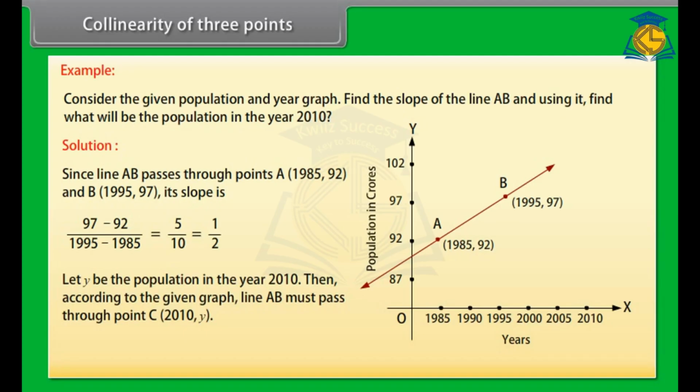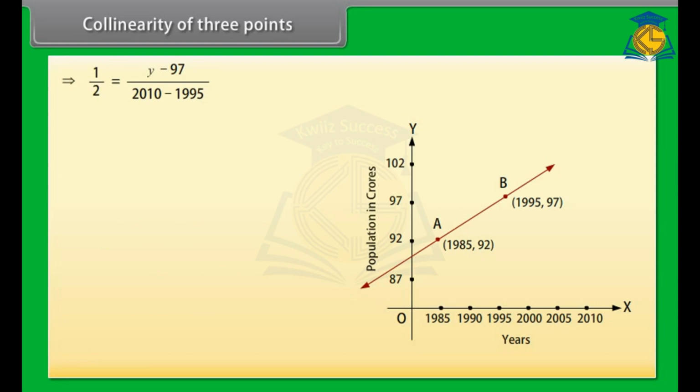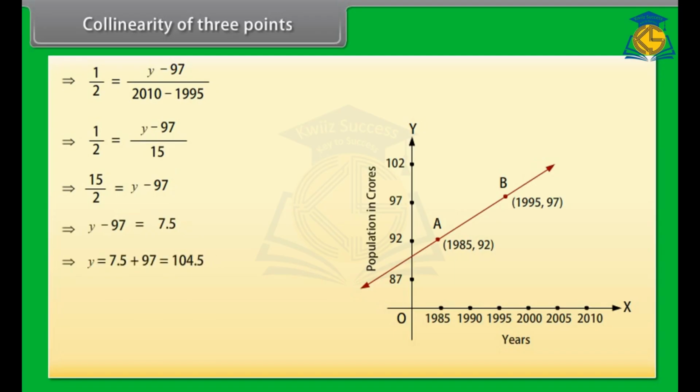Then according to the given graph, line AB must pass through point C (2010, Y). Therefore, slope of AB is equal to slope of BC. 1/2 is equal to (Y minus 97) divided by (2010 minus 1995). On solving, we get Y is equal to 104.5.